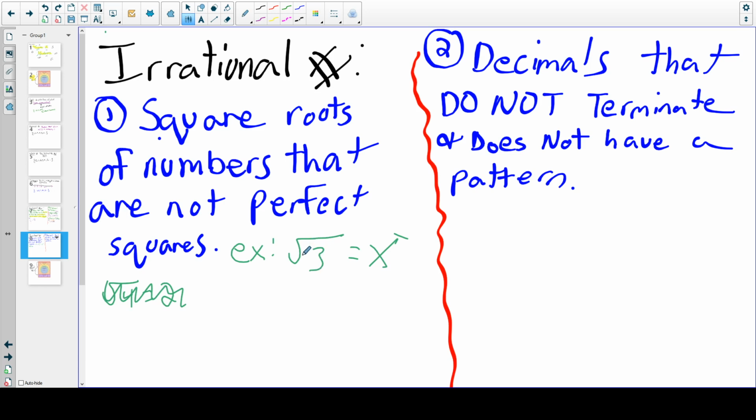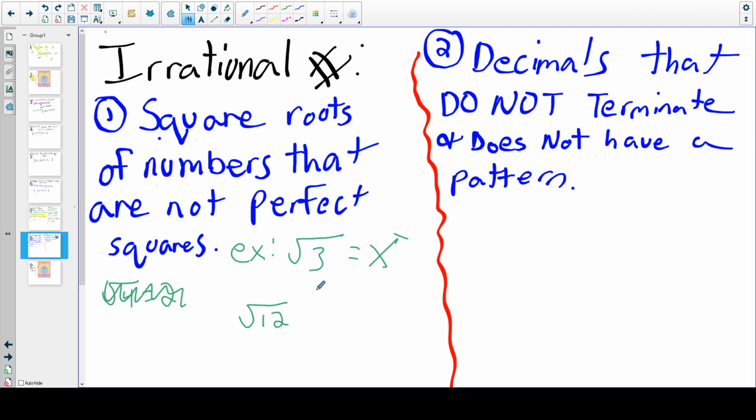So, because this number is not a perfect square, this number must be irrational. Another example could be the square root of 12. Is 12 a perfect square? In other words, is there one number that you can multiply by itself to get you 12?